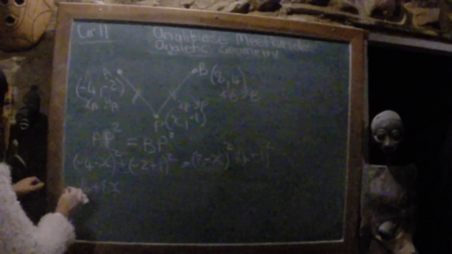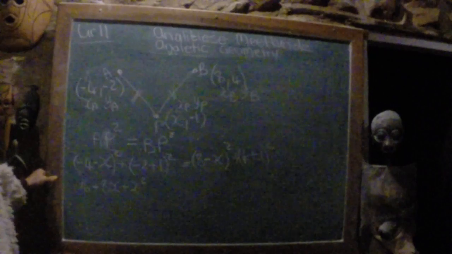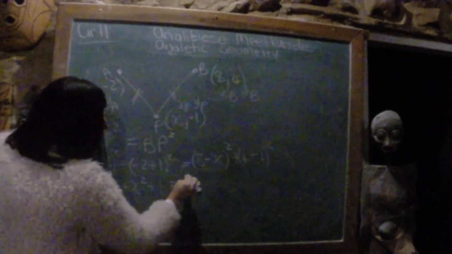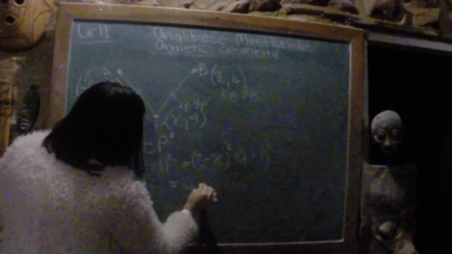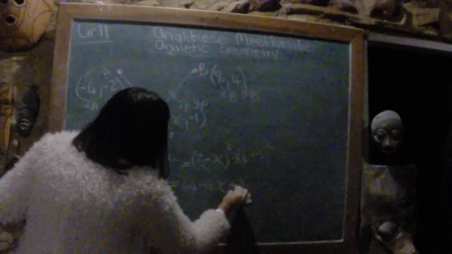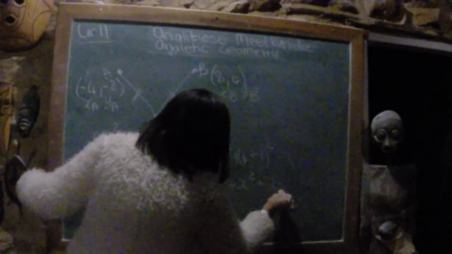Remember to write it twice and do the arrow method if you are unsure. Plus x squared, minus 2 minus 1 is minus 3 squared is plus 9, equal to 64 minus 16x plus x squared plus 25.